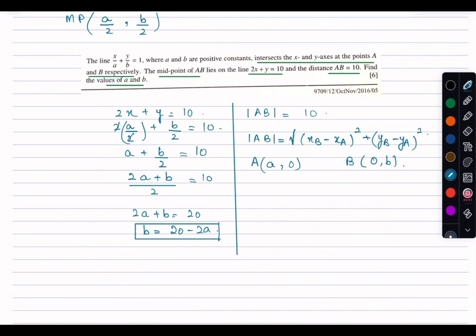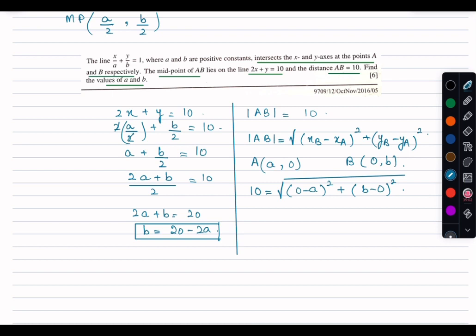And I've also been given the distance AB. So substituting these values, I can say it's 10, which equals under root of (xb minus xa), meaning it's 0 minus a the whole square, plus (yb minus ya), meaning b minus 0 the whole square.